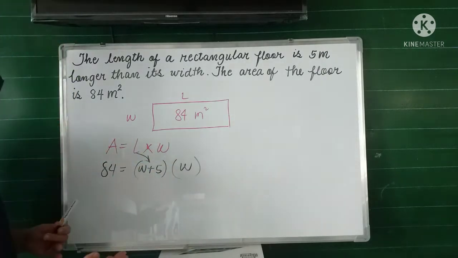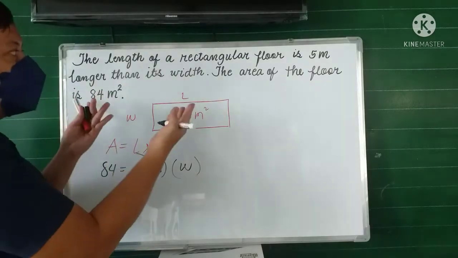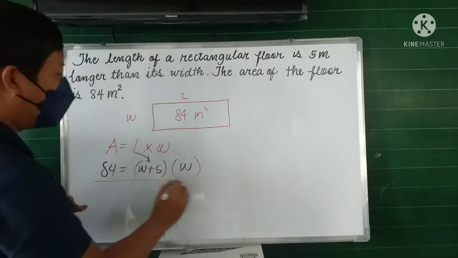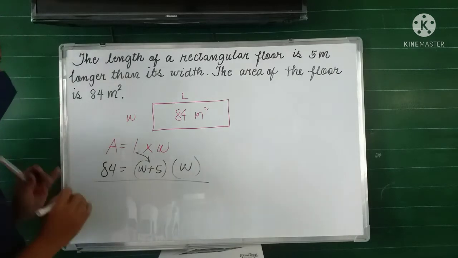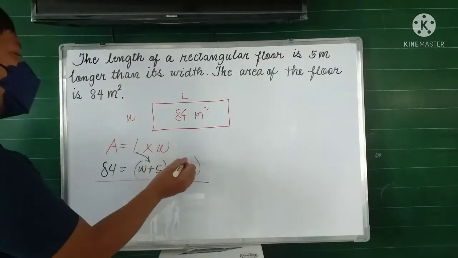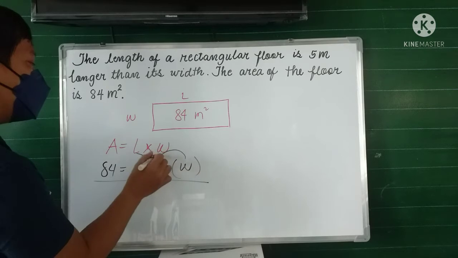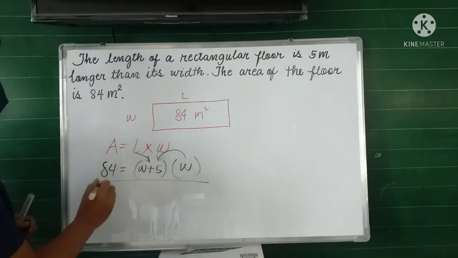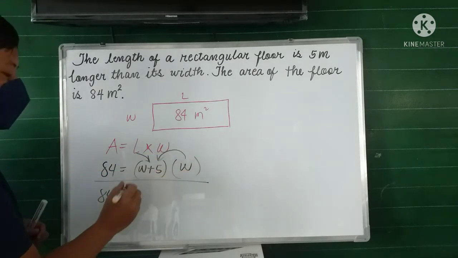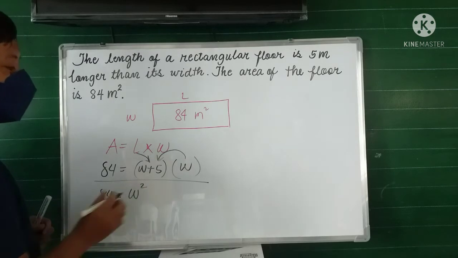Now we are translating this mathematical sentence to an equation. We now have a quadratic equation here, class. So to make it in standard form, we're going to simplify by multiplying W for this one. So rewrite 84 is equal to W times W. We have W squared.